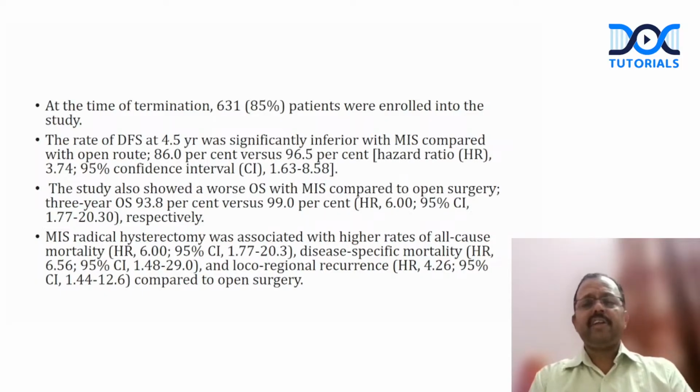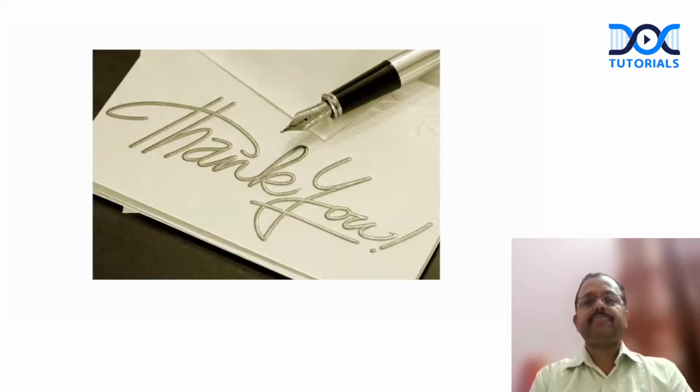Now, in the LACC trial, minimal invasive surgery radical hysterectomy was associated with higher rates of all-cause mortality, disease-specific mortality, and loco-regional recurrence compared to open surgery. These were the reasons why lap or robotic cervical cancer surgery was not pursued further.